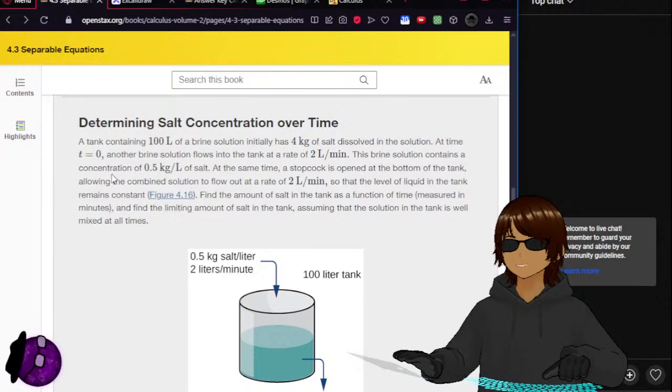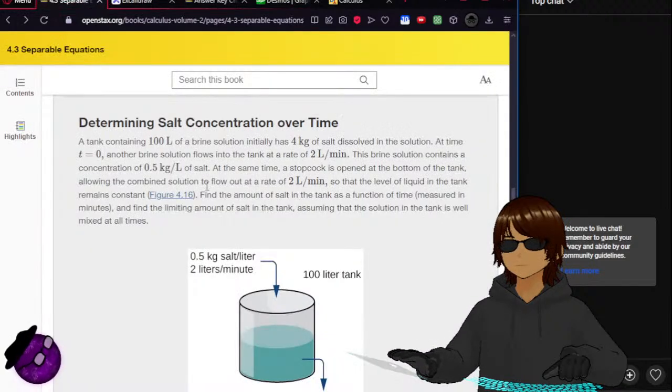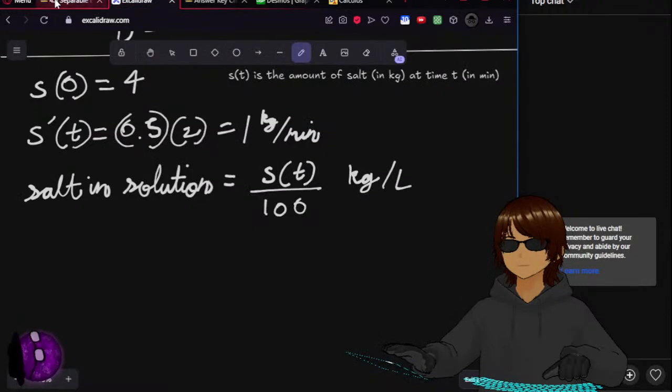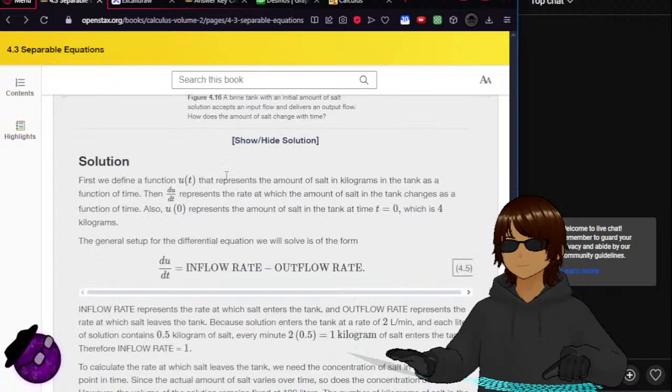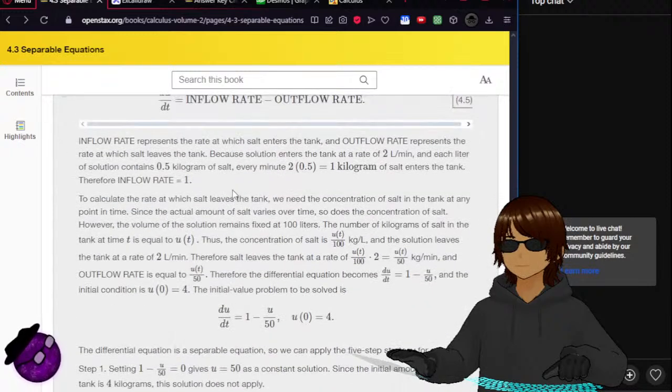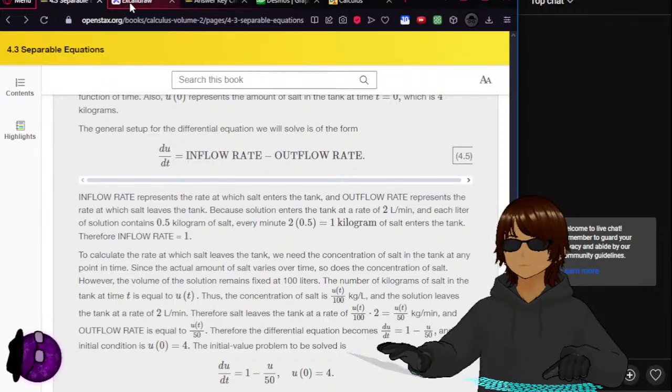The outflow rate is 2 liters per minute. The solution leaves the tank at the rate of 2 liters per minute.